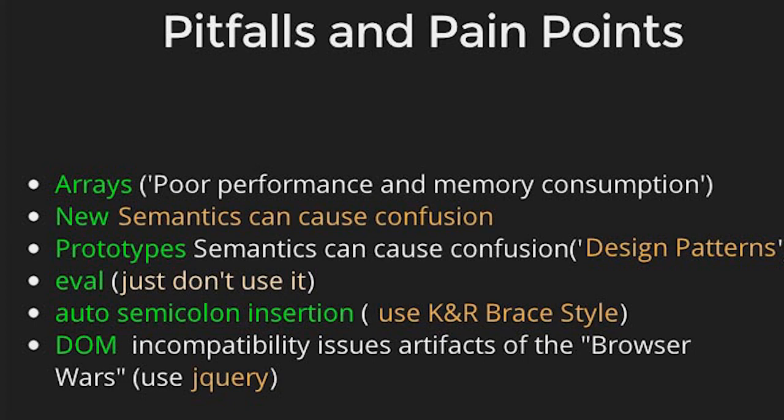We've discussed new, and new can be kind of confusing if you're not careful with it, so use new with care. Prototypes, again, I didn't touch too much on prototypes because prototypes are something you don't use with kid gloves, but we know that prototypes are the objects within the objects. Whenever you're dealing with a type, eval is, I think, in the 90s, one of the most overused pain points in JavaScript.